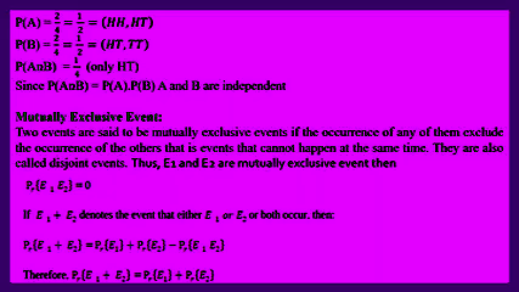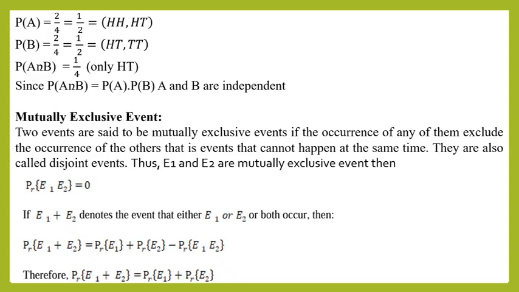Then the probability of A intersection B will be 1/4, which is just one head and tail together. Since the probability of A intersection B is equal to the probability of A times the probability of B, A and B are independent.